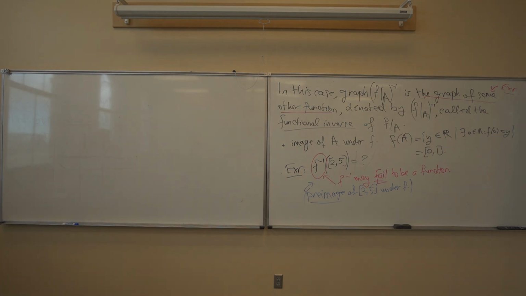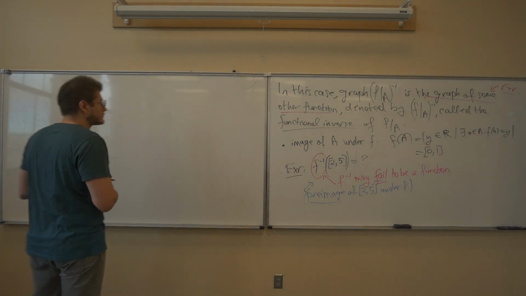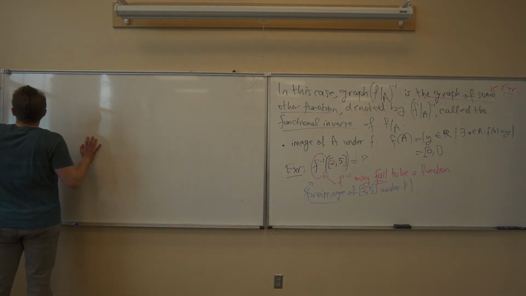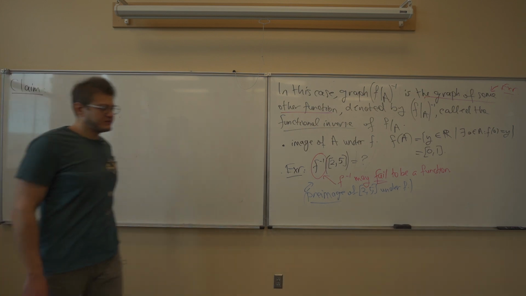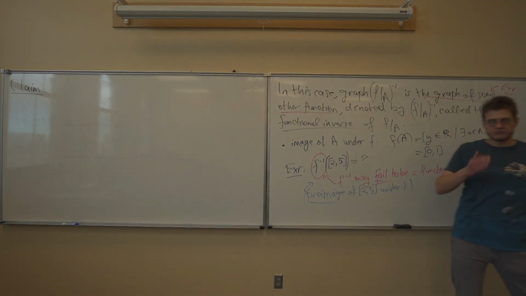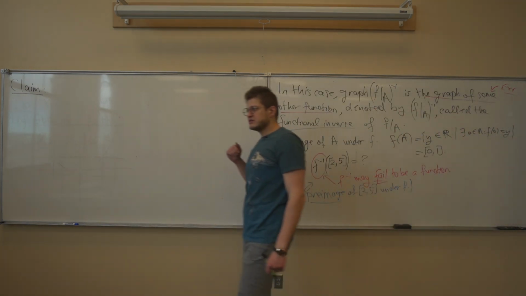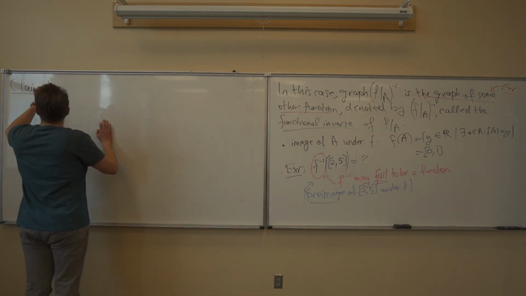Let's start with this. Here's another example of a claim and a proof. I'm going to use a direct proof again. So, for any positive integer, let's say n, the sum of all those integers from 1 to that integer has a closed formula.